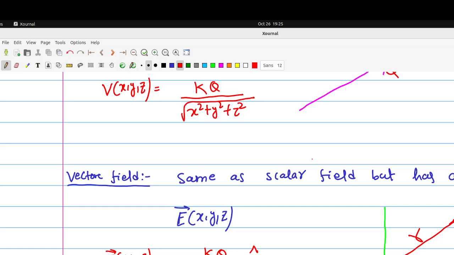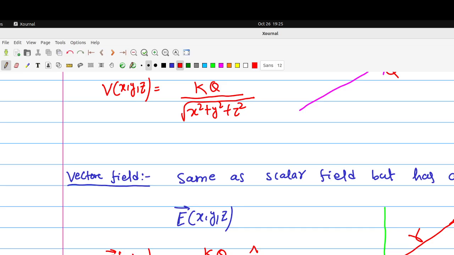Understood? Any problem? Now we'll go from spherical coordinate to a Cartesian coordinate. Sorry, I wrote x, y, z. It should be r only. So E is a function of r.